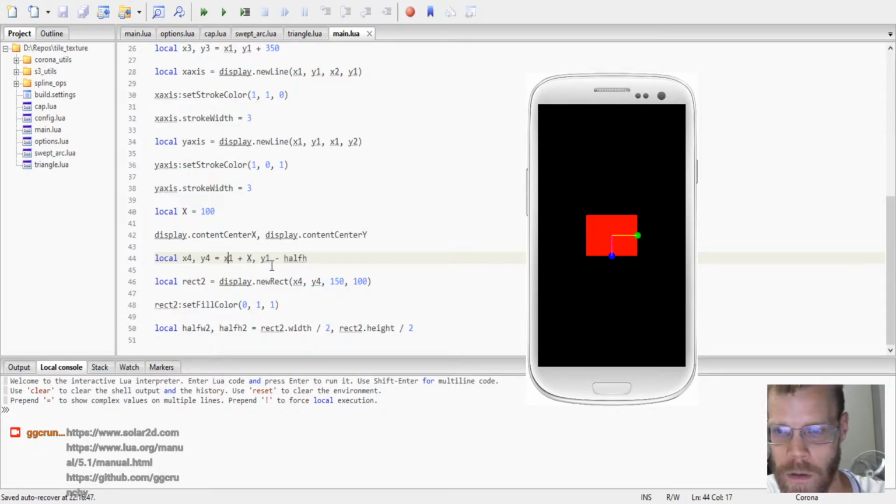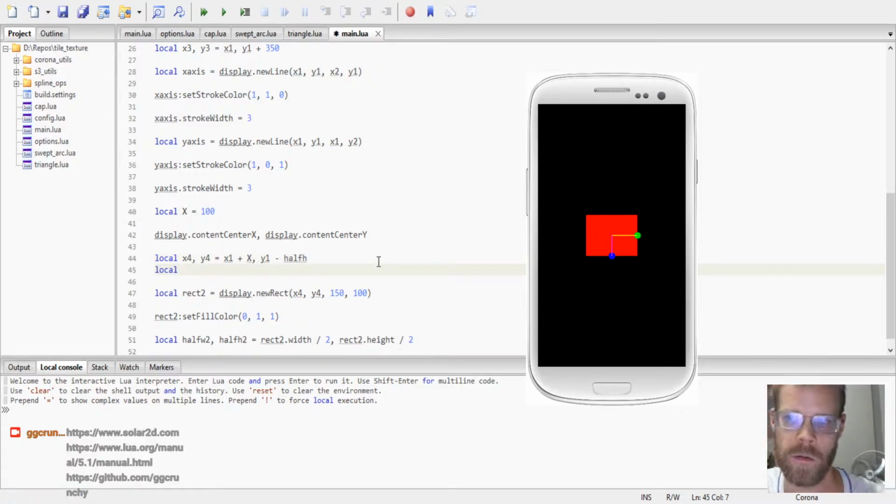So say Rect2 height equals, I guess since it's 100 here, we'll give it 50 and then make this twice the height.